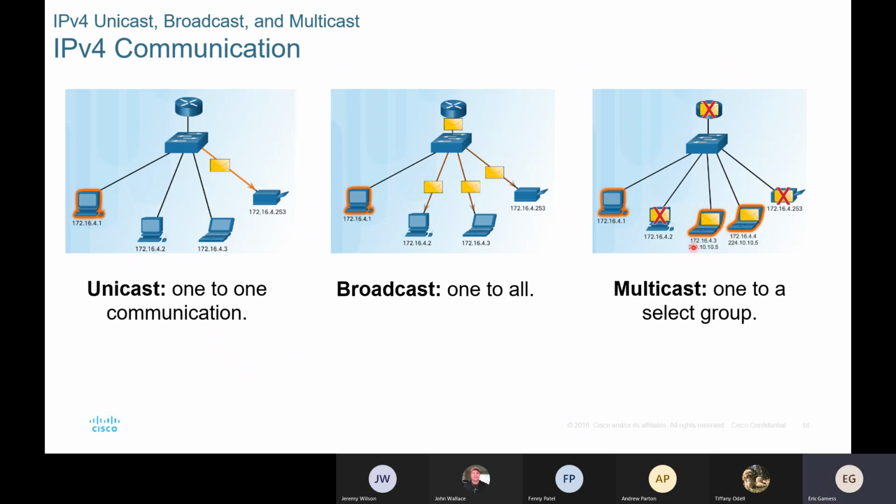So if this machine says, I'm interested in seeing the football game, and this machine says, I'm interested in seeing the football game, and this machine has the football game, it will send it, and these two machines will receive all the packets that are associated with the football game. Okay, because they subscribed to the multicast group that is associated with the football game.